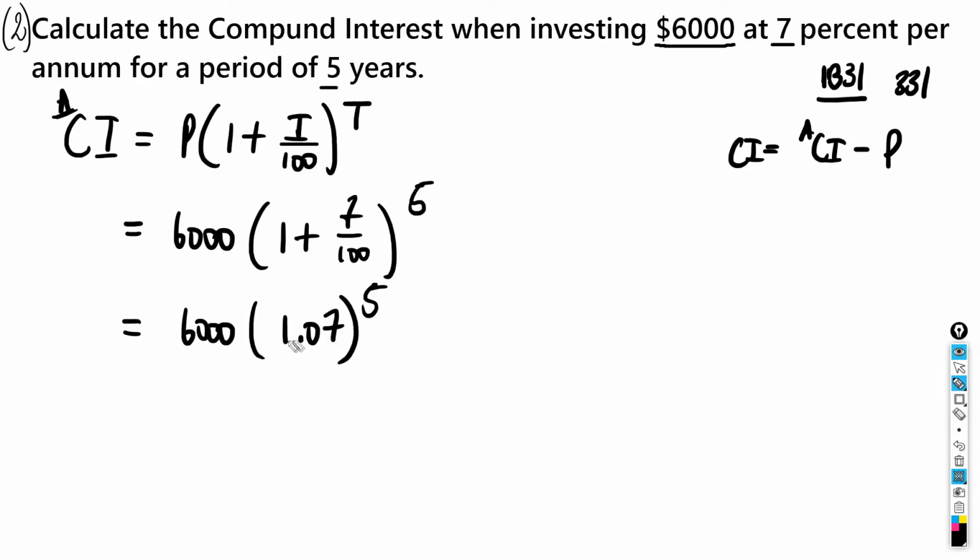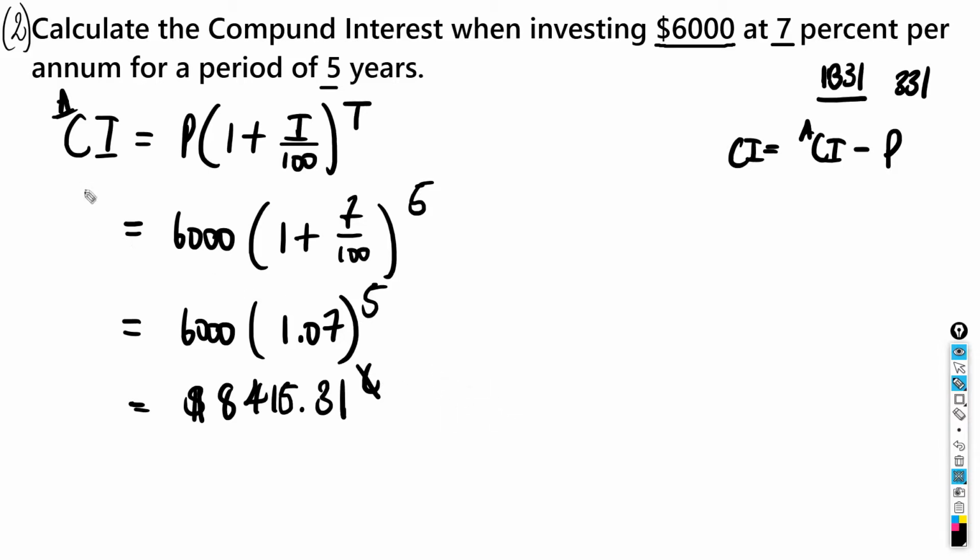We're going to put this part in the calculator first: 1.07 to the 5. Then we're going to multiply that by 6,000. And the answer is 8,415.31. So that's the answer, ladies and gentlemen.